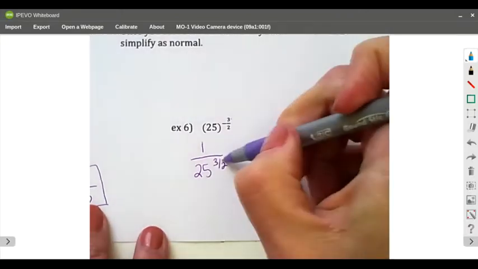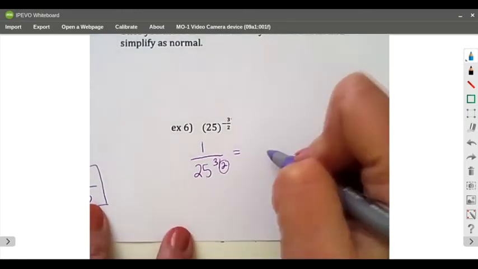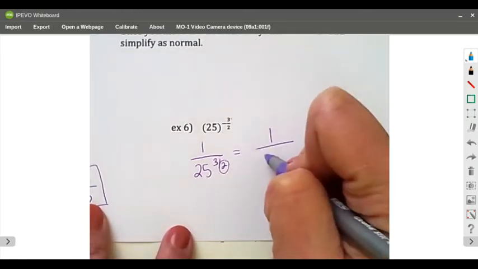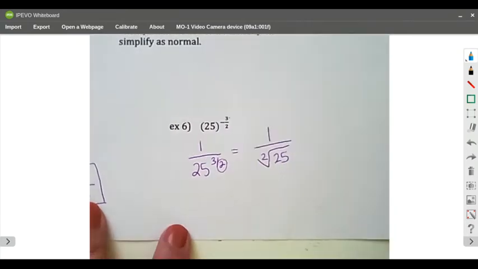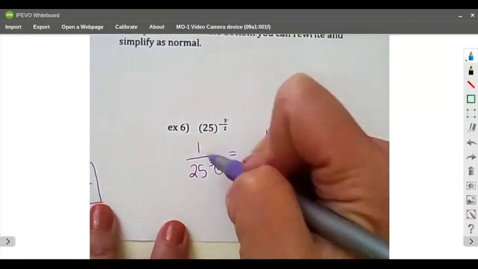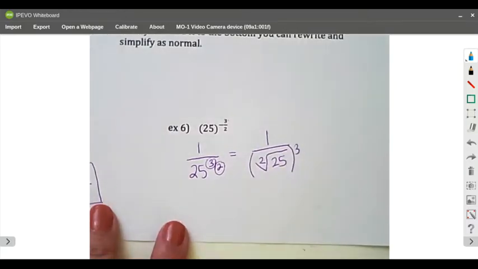So let's think about what that turns into. The denominator, remember, is still your root. So this is going to be 1 over the square root, which you don't really have to put the 2 if it's a square root, but that's okay. The square root of 25, but then this 3 means that this is going to be raised to the 3rd power.